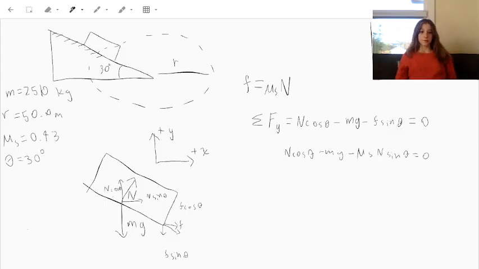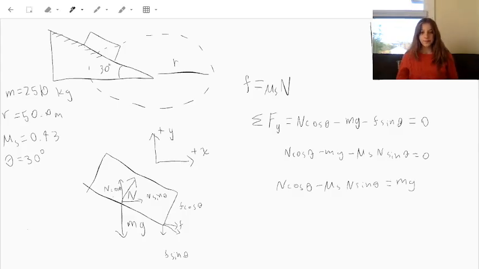And then we want to figure out what n is, in terms of all of these things. So we're going to add mg to both sides. So we have n cosine theta minus mu s n sine theta is equal to positive mg.